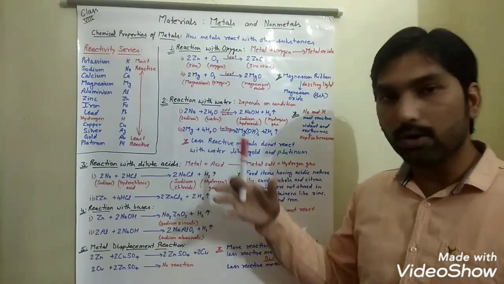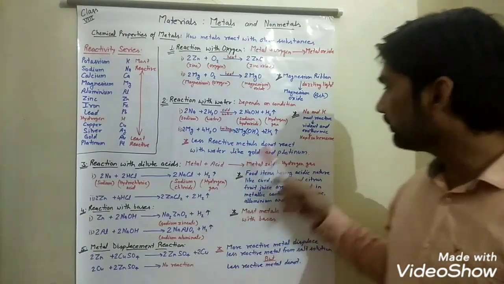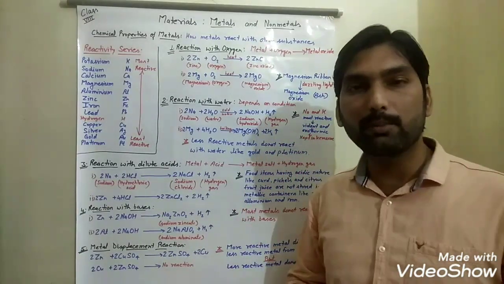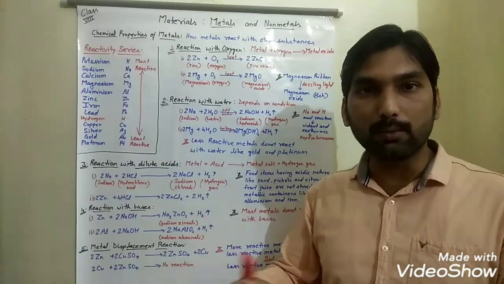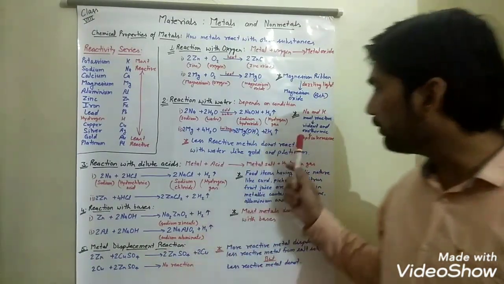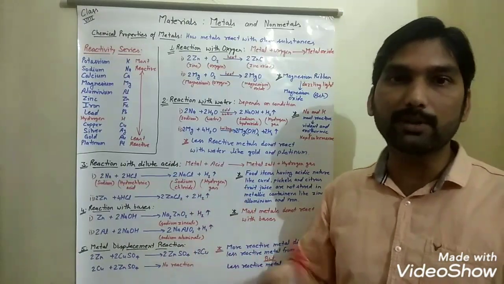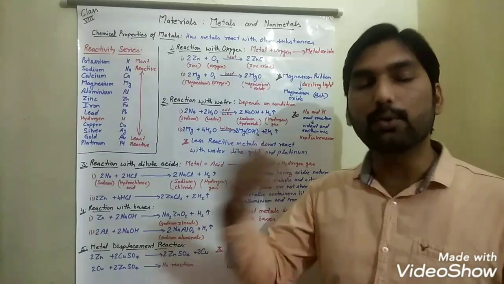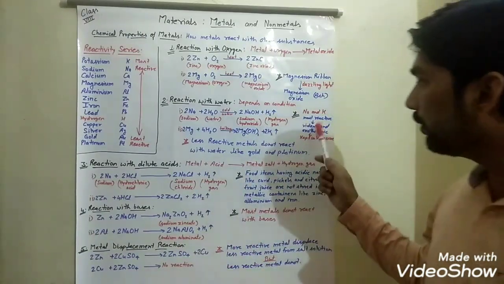It is not so easy. And it is also an exothermic reaction. Exothermic means after the reaction you will get a lot of heat, because exo means outside and thermal means what? Heat. So after the completion of this reaction, heat is going to be released. That's why it is exothermic.